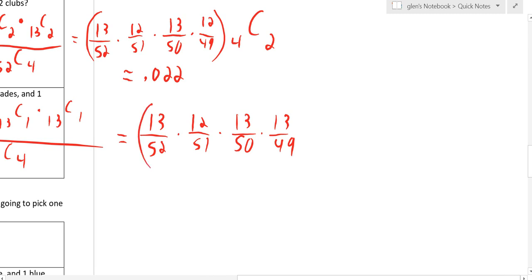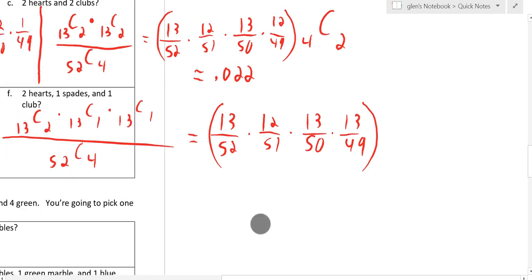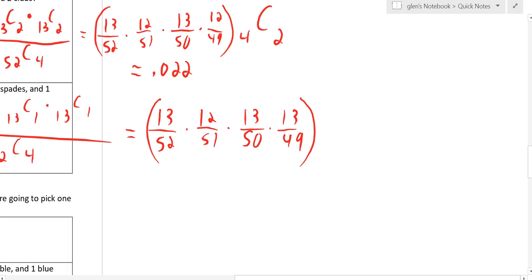So how many ways, look, we're really rearranging here 2 hearts, a spade, and a club, right? So what do I need to choose initially? Of my 4 cards, how many do I have to choose? 2 to be hearts, so we got to do 4 choose 2. But then after I choose those 2, how many spots do I have left? 2.